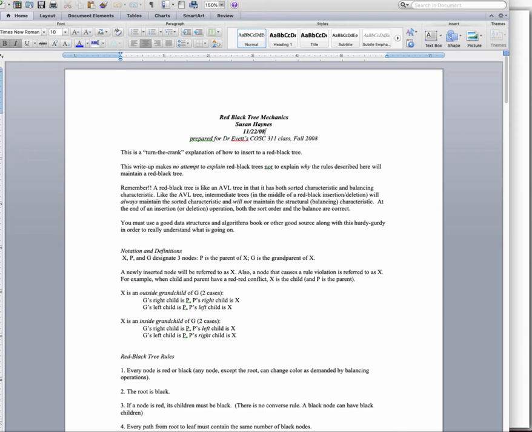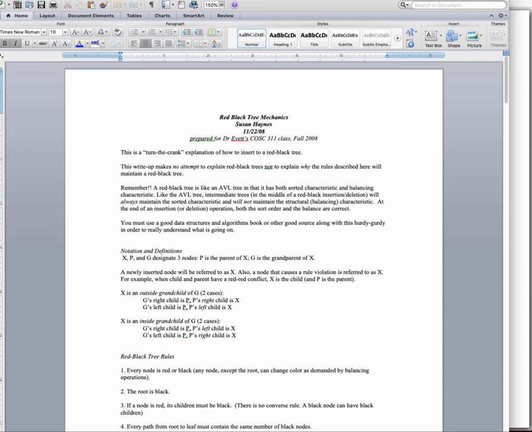So every node is either red or black, okay? The root node is always black. And we're going to see that the colors of these things can change, okay? So here's number 2, the root is black. And we come to rule number 3, and it says if a node is red, its children must be black. And please note the converse is not true. A black node can have black children.